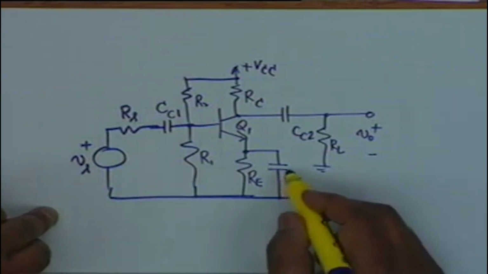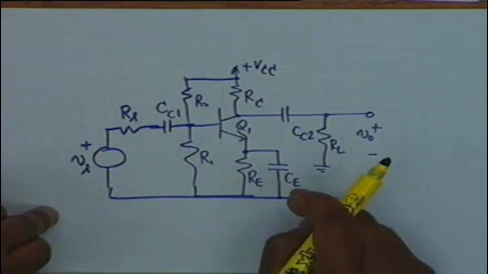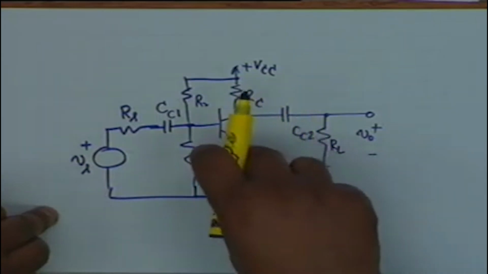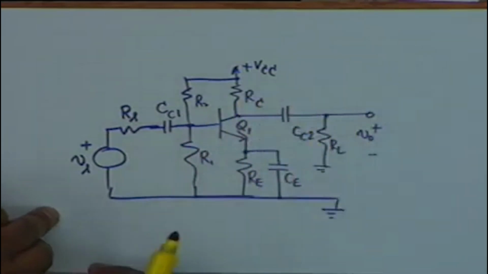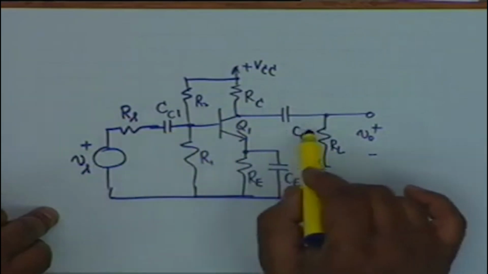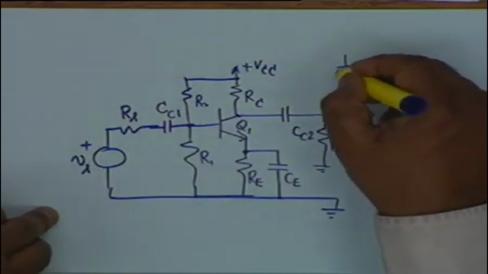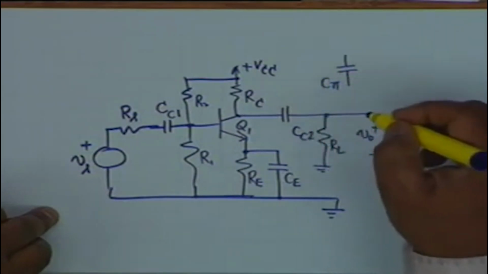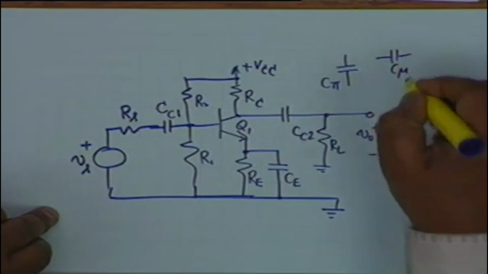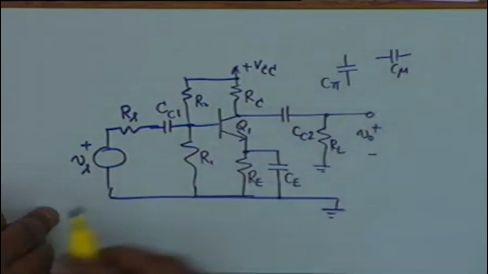This capacitor is called CE because it decouples the AC from RE. No AC is dropped across RE. AC passes through CE. Next time we shall see the effect of these three capacitors and also the capacitors C pi and C mu in the transistor model, by taking a specific circuit and analyzing it.